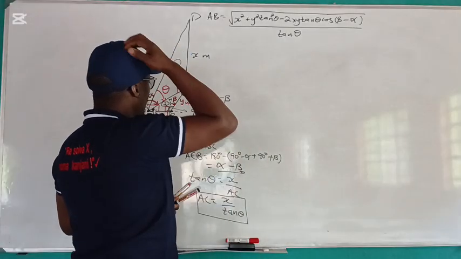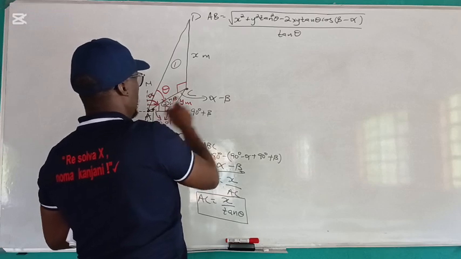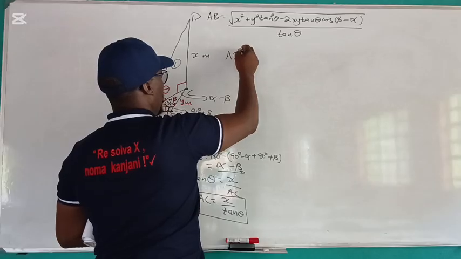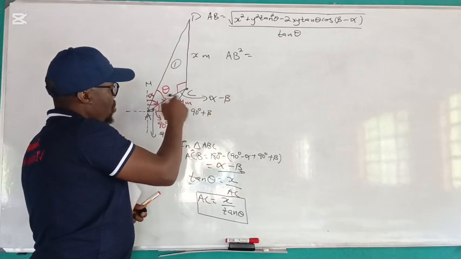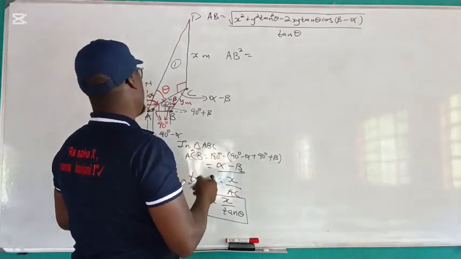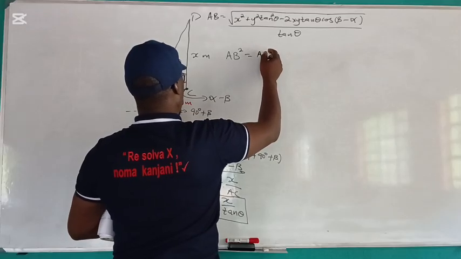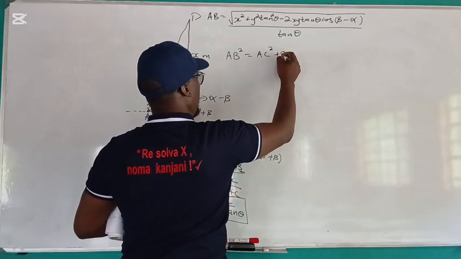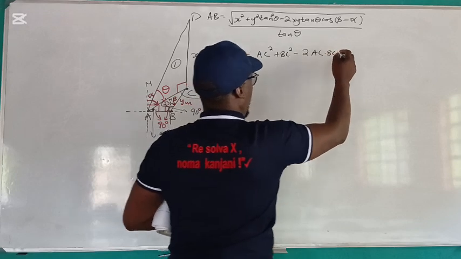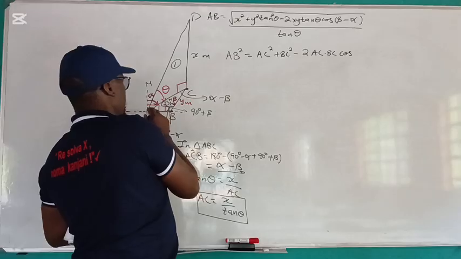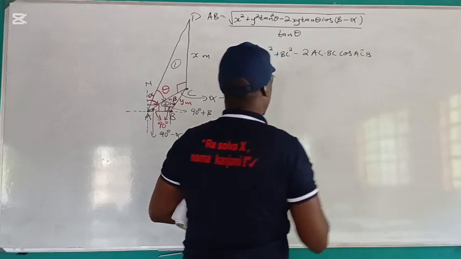Now let's work with the cosine rule. AB squared, we have now moved on to section 2, will be equal to AC squared plus BC squared minus twice AC by BC by cosine ACB.